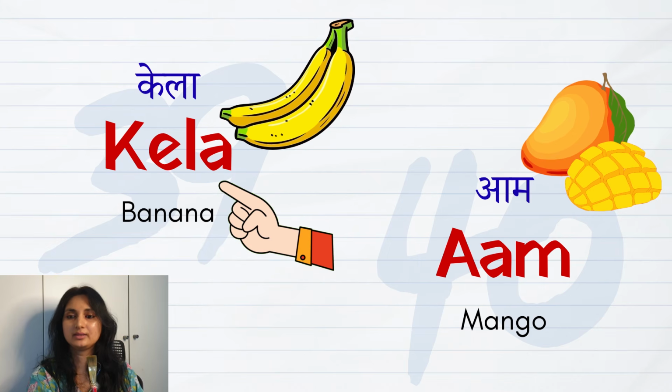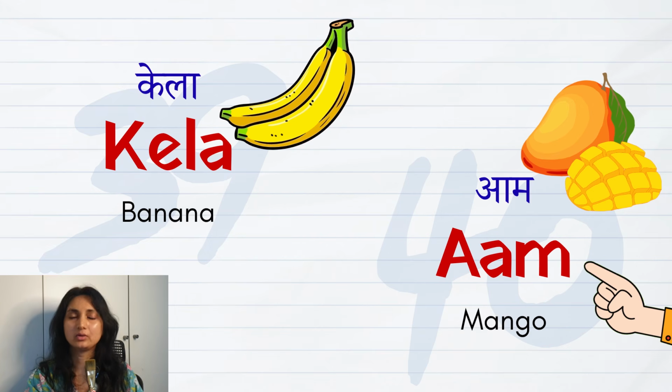So we'll begin with banana, which is kela. Now kela is a singular word and the plural word will be kele. Okay, so kela and kele. Then there is the word for mango, which is aam.